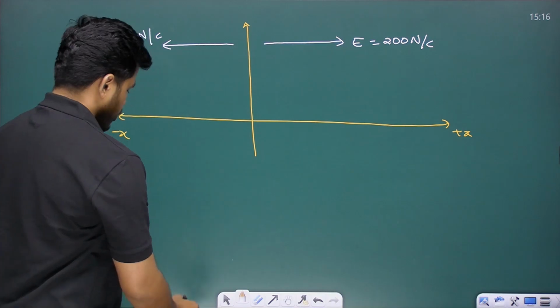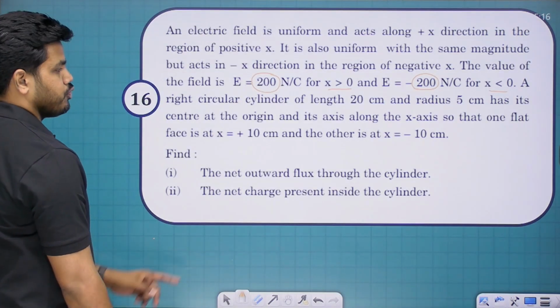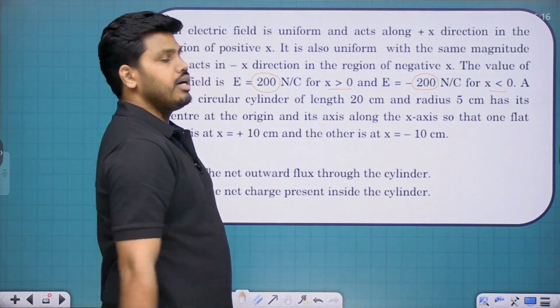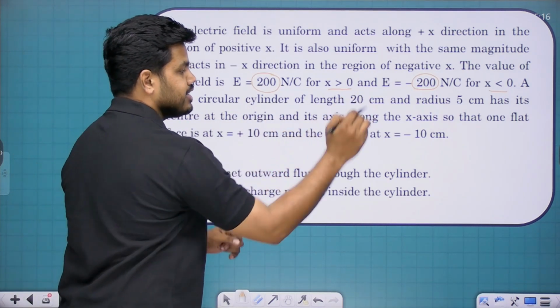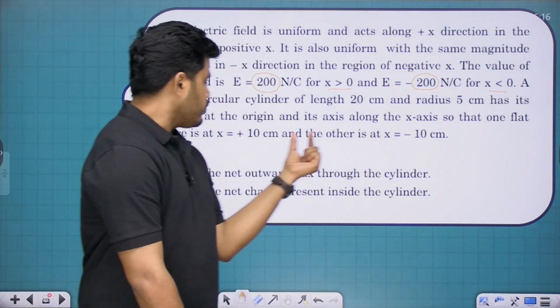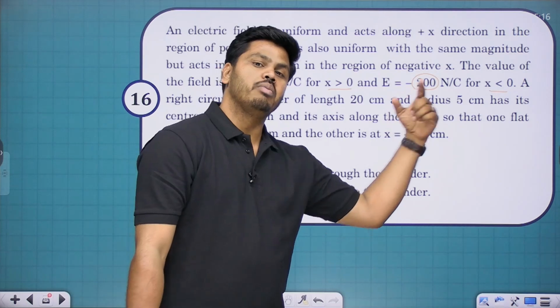Now, you have to consider a cylinder. We have to find out the flux, right? The total flux and the charge enclosed by the cylinder. What is that cylinder all about? That right circular cylinder of length 20 centimeter. Total length is 20 centimeter. One of its flat surfaces is at x equal to plus 10, the other one is at x equal to minus 10.